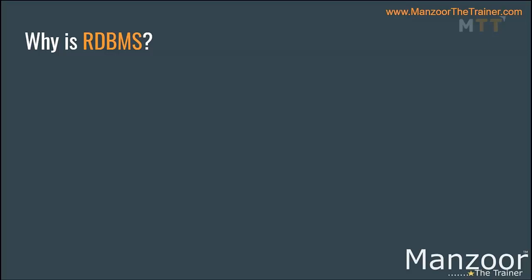Every relation will have a number of rows and columns. And we need some separate management system that should handle all my database. So we came up with the relational database management system.